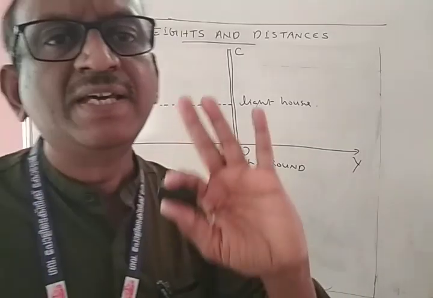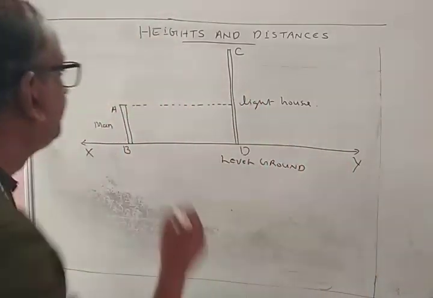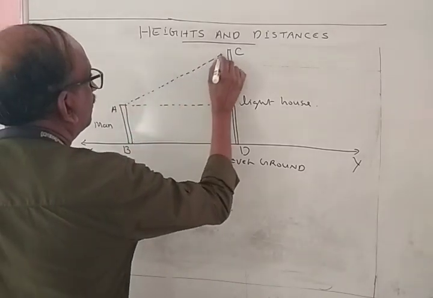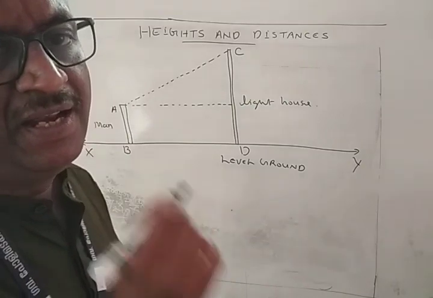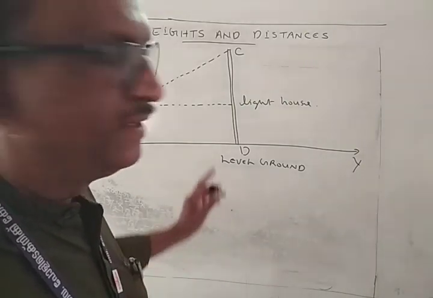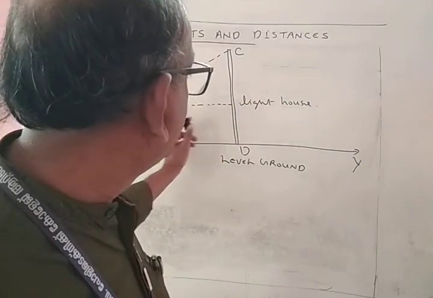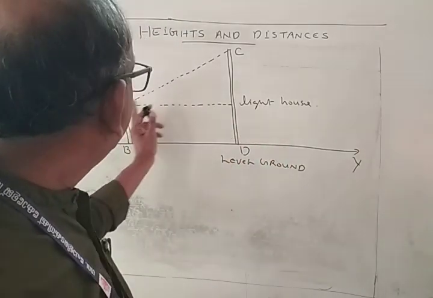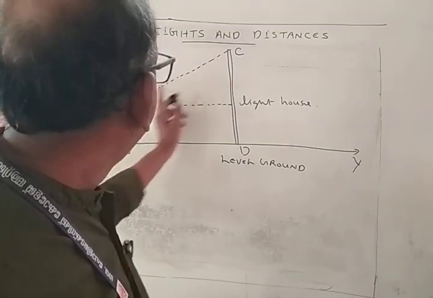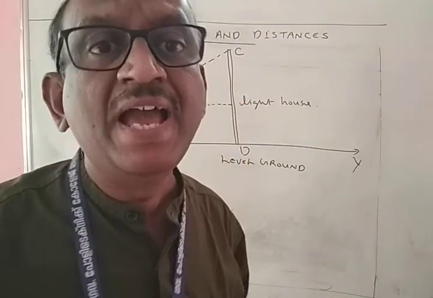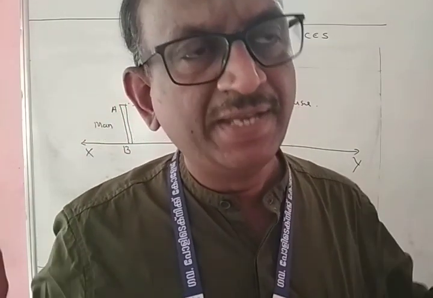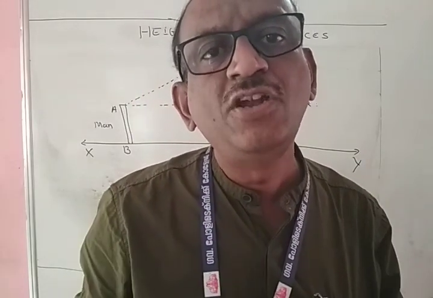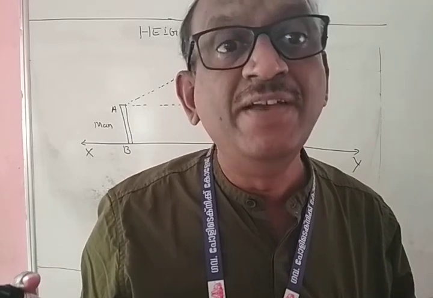In this case, AC is the line of sight. The angle between the normal line of sight and the actual line of sight is the angle of elevation.